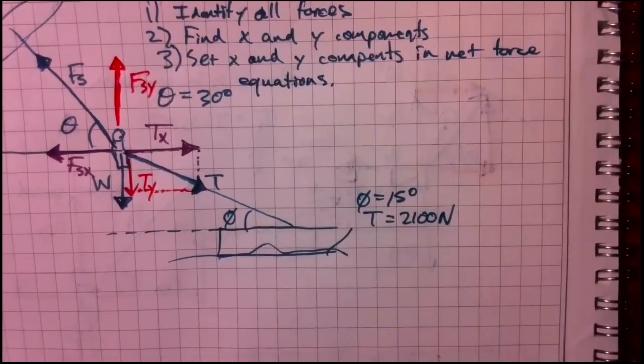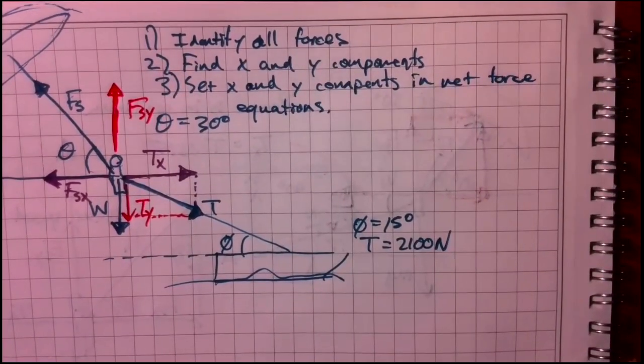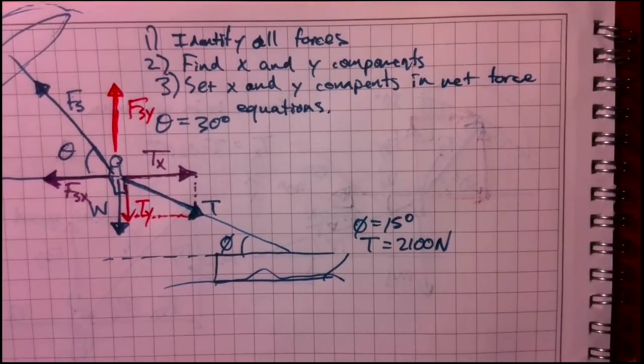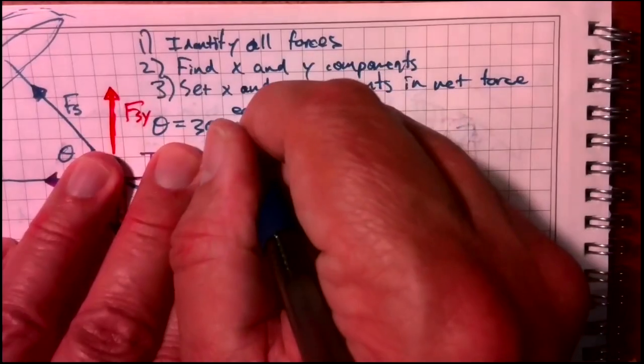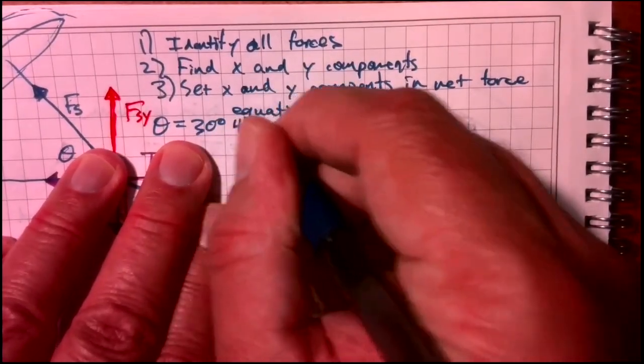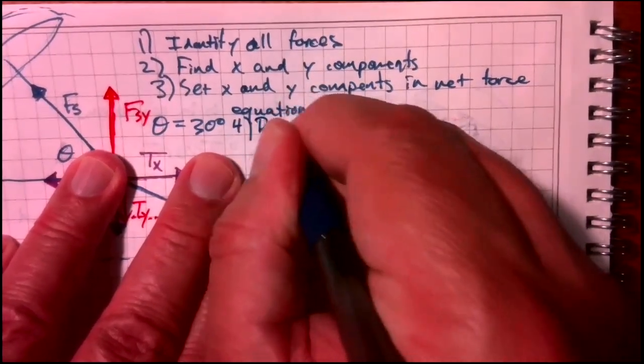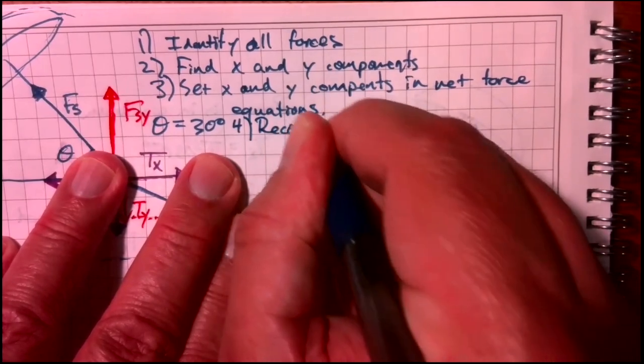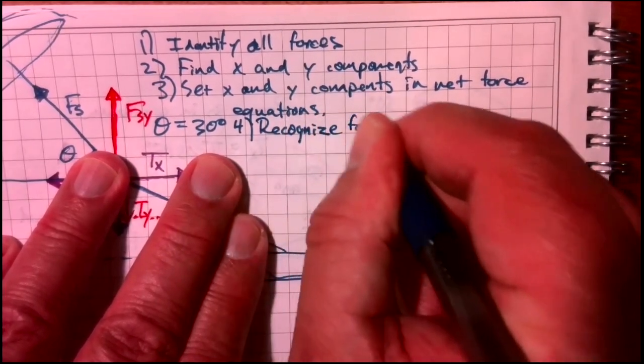Now if you watched my last video, we talked about how if something is moving at a constant velocity, that means that the forces are balanced. So maybe this is part of step 3: recognize forces are balanced.